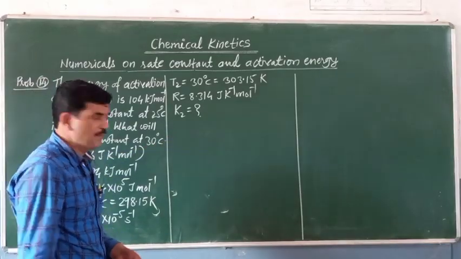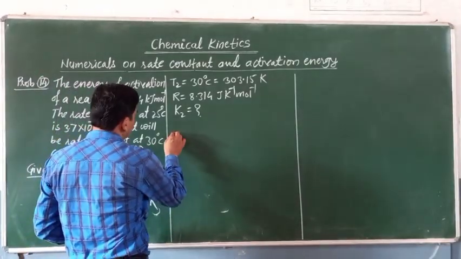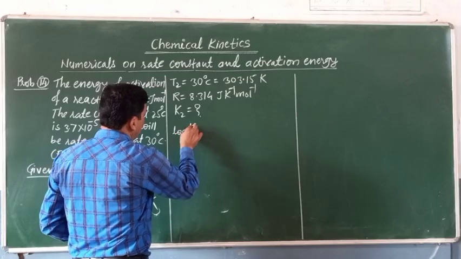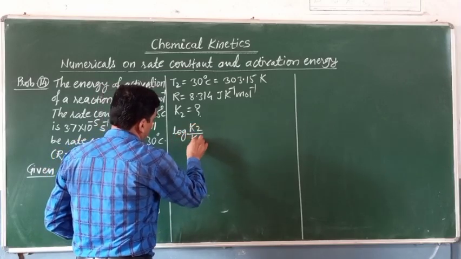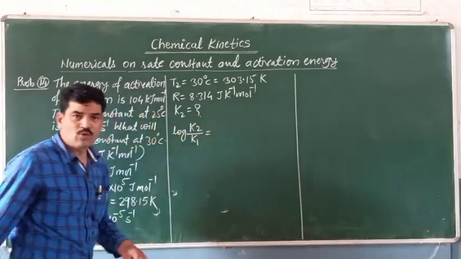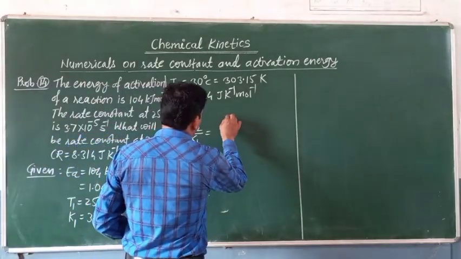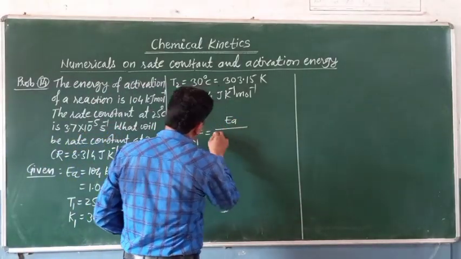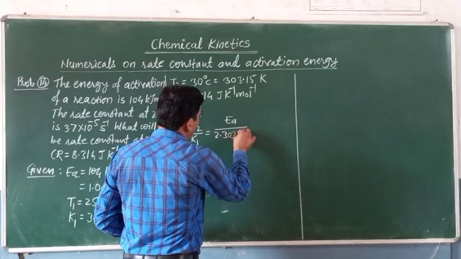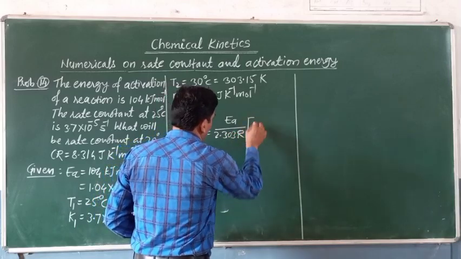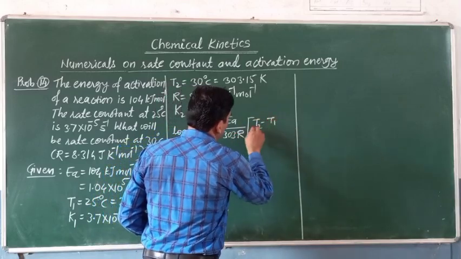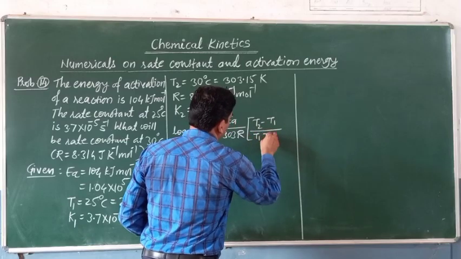So the formula is log of K2 by K1 equal to Ea by 2.303 R into (T2 minus T1) upon T1 T2.